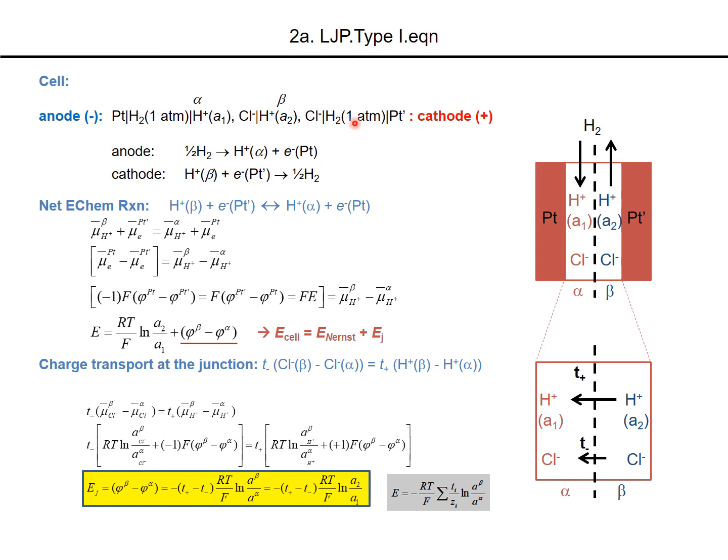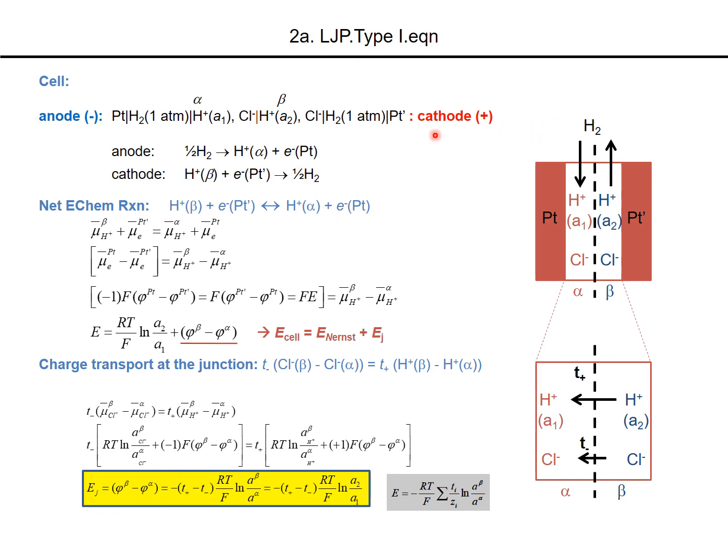Also on the beta phase, you have the same thing, but the activity is different. On the anode side, hydrogen gas is oxidized into proton in the alpha phase, and on the cathode, the proton in the beta phase is reduced into hydrogen gas.